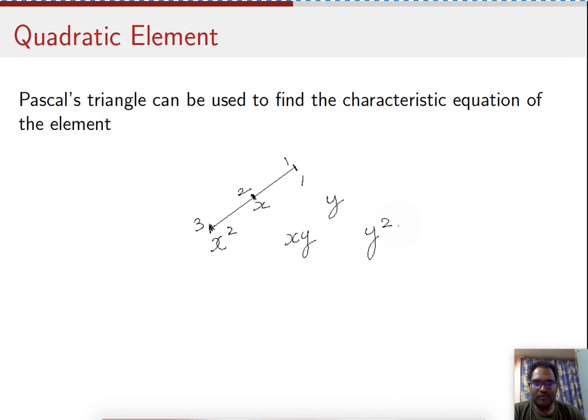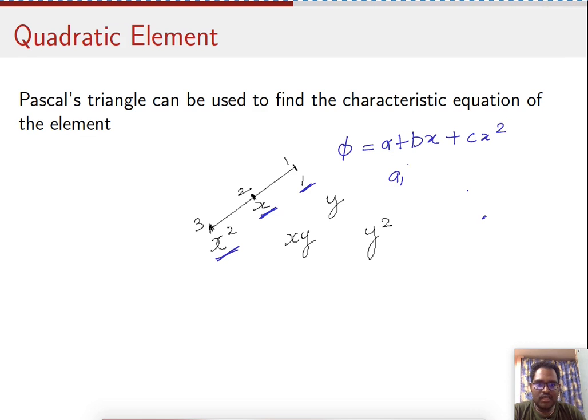again we'll be able to find out the characteristic equation of this, which is basically phi is equal to a, which corresponds to this particular term, plus bx, which corresponds to this particular term, and then plus cx square, which again corresponds to the last x square term over here.